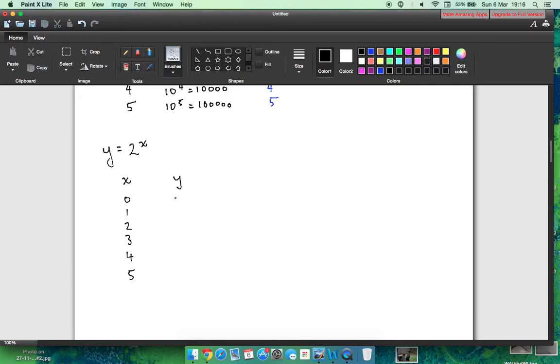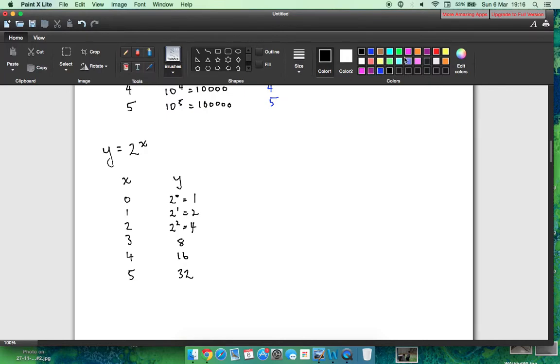Y will be 2 to the power of 0, which is 1. Anything to the power of 0 is 1. 2 to the power of 1, which is 2. 2 to the power of 2, which is 4, etc. We're going to have 8, 16, and 32.